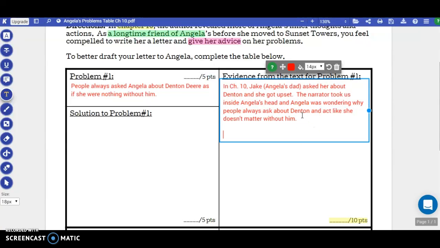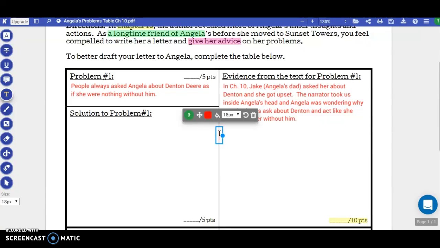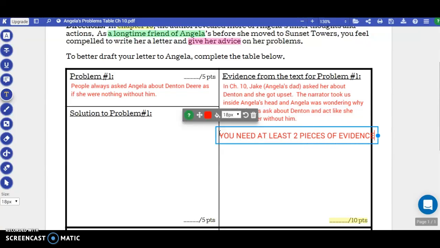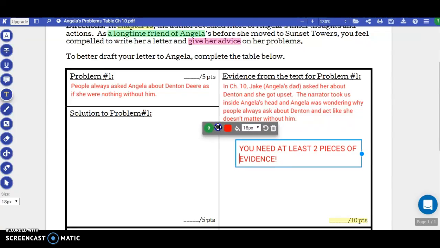So I'm going to go ahead and make sure that we don't forget. Okay, so as a reminder, you need at least 2 pieces of evidence.